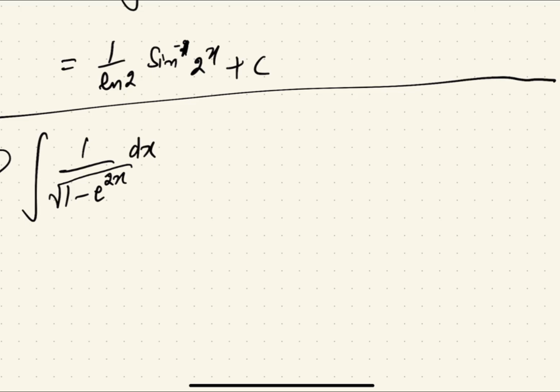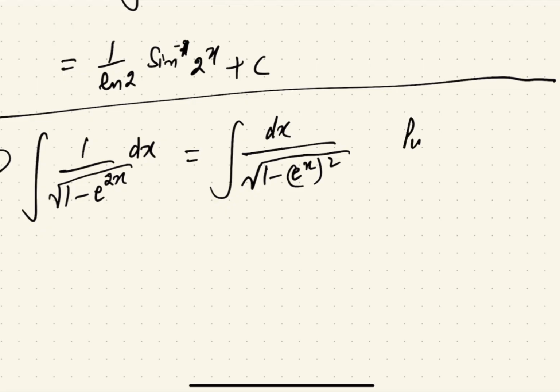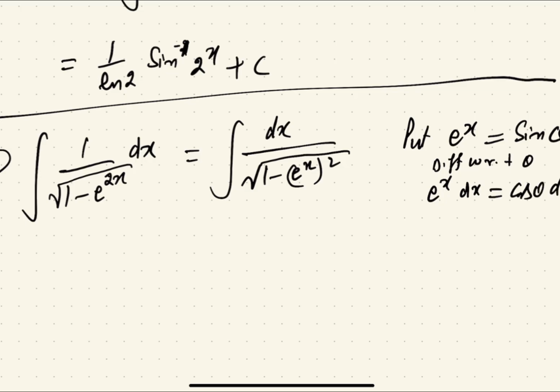Okay, again you can put either sine or cosine. Usually we use sine theta, and this you can write as dx over the square root of 1 minus (e power x) square. Put e power x equal to sine theta, you will get e power x, differentiate with respect to theta, dx over d theta, I will take the other side, cosine theta d theta.